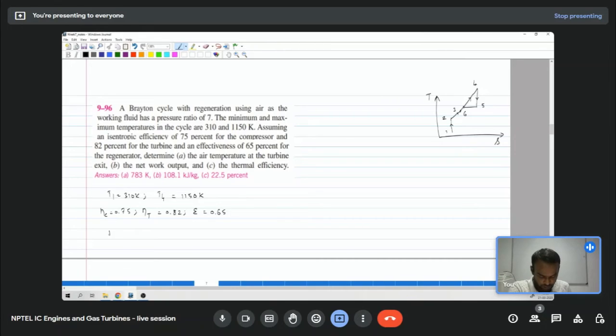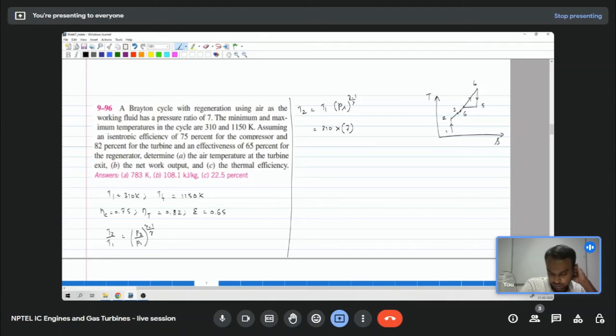Now T2 by T1 is P2 by P1 to the power gamma minus 1 by gamma. So T2 is T1 into pressure ratio to the power gamma minus 1 by gamma. T1 is known, which is 310 Kelvin, into pressure ratio 7 to the power 0.4 by 1.4.